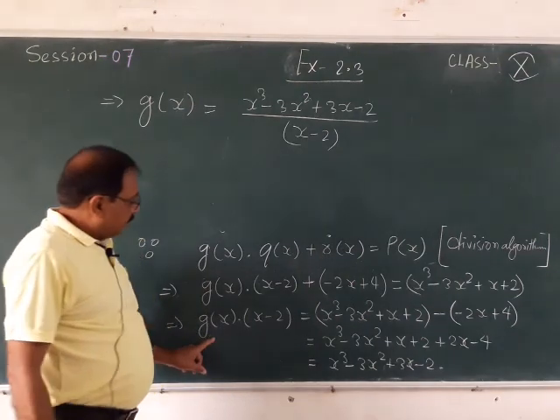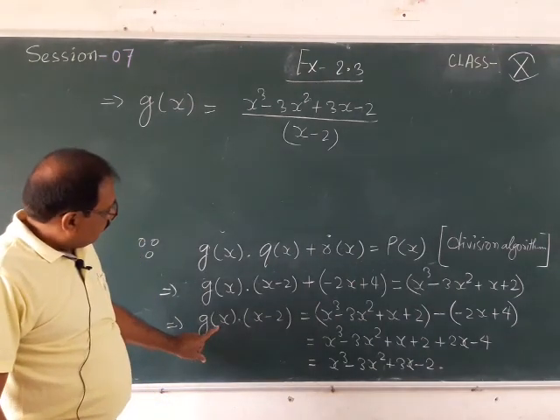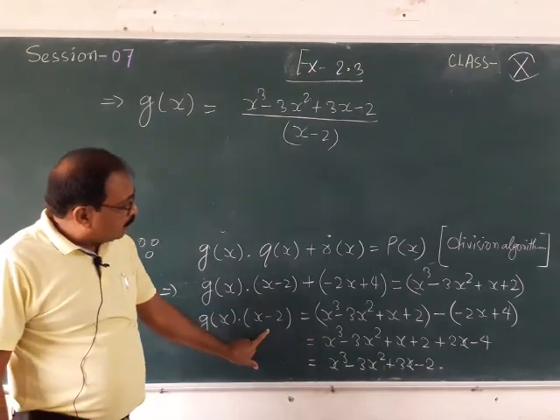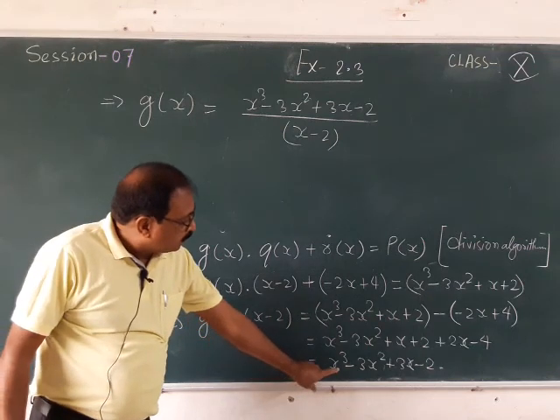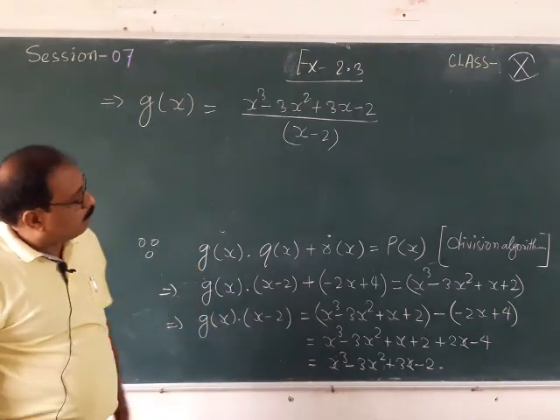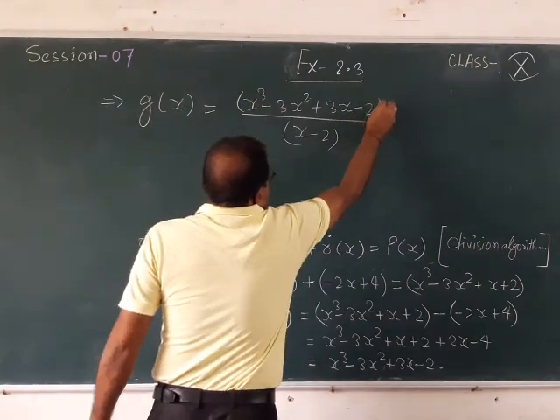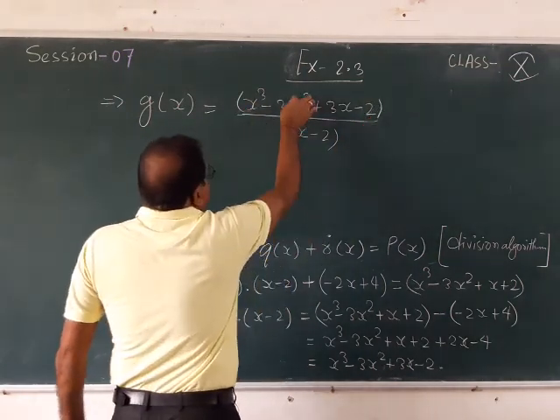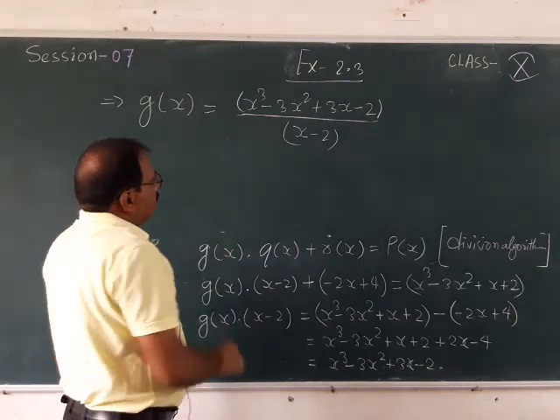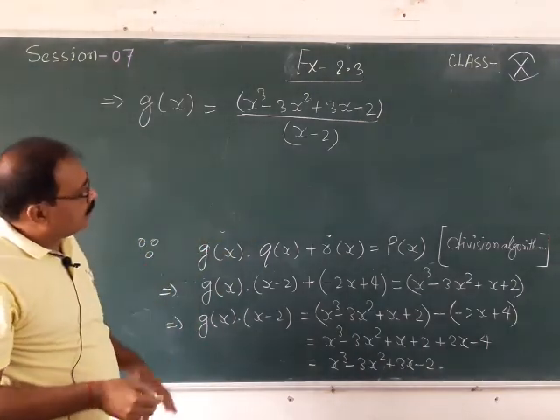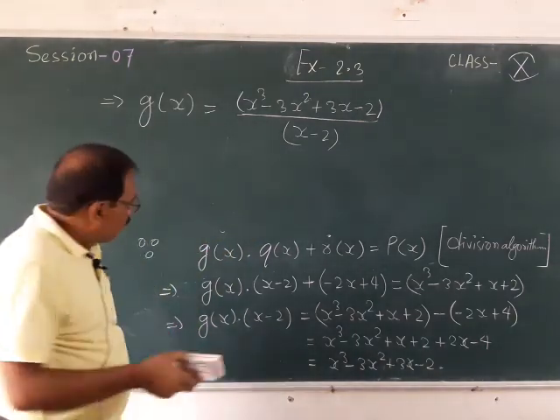So after this line, g(x) into (x minus 2) is going to be equal to x cube minus 3x square plus 3x minus 2. Now you can see that this is your dividend and this is your divisor. Now normally you can divide it and you will get your answer.